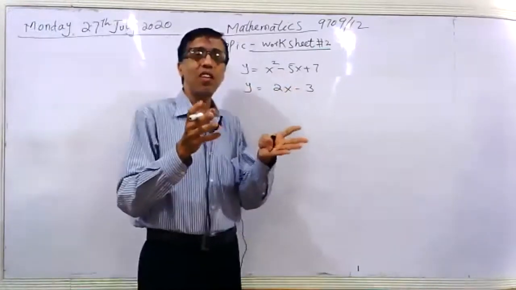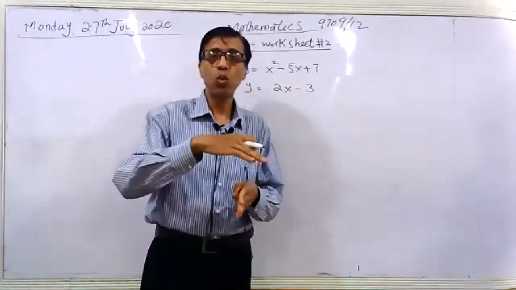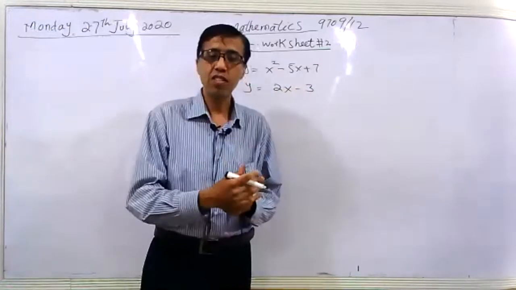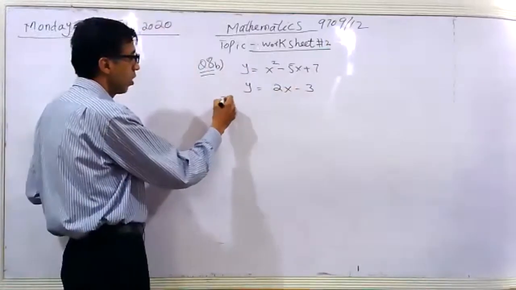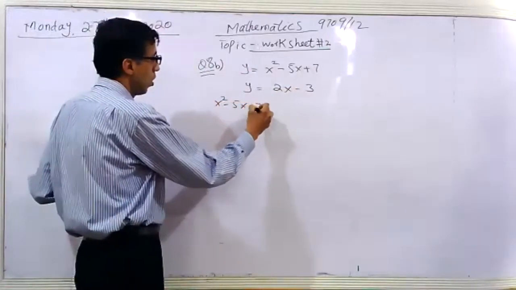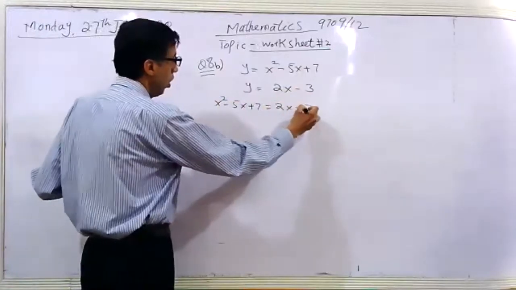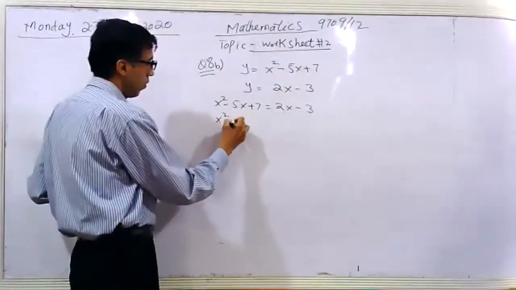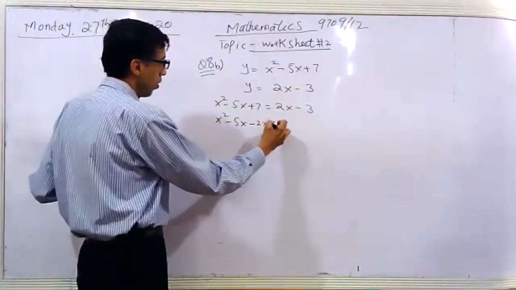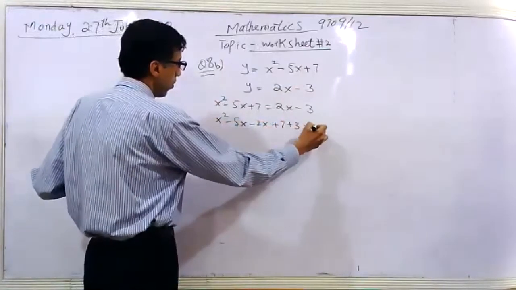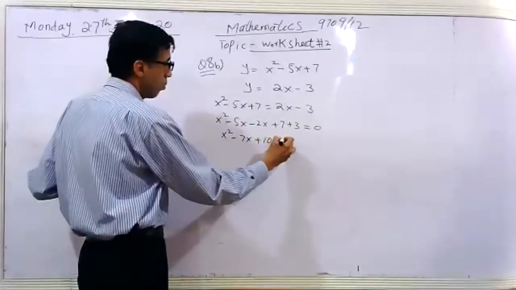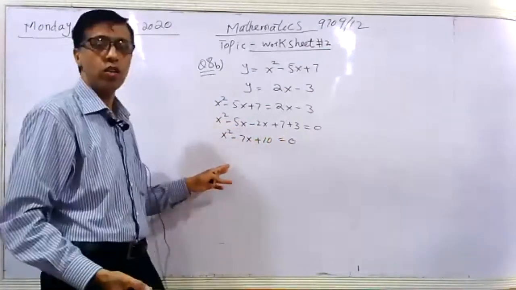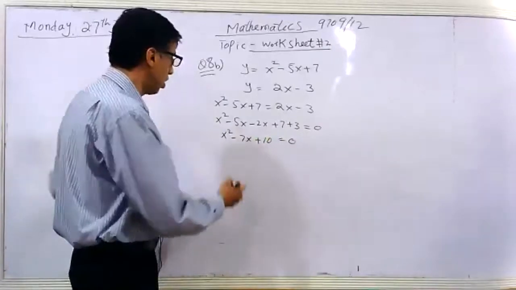Whenever you see the words point of intersection, use the simultaneous substitution method to solve it. Both are equal to y. Keep them equal. It's up to you, use the quadratic formula or the completing the square method to solve it.